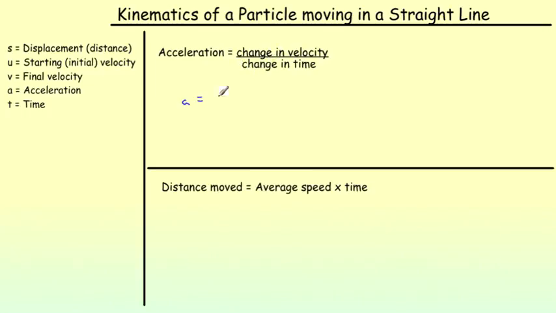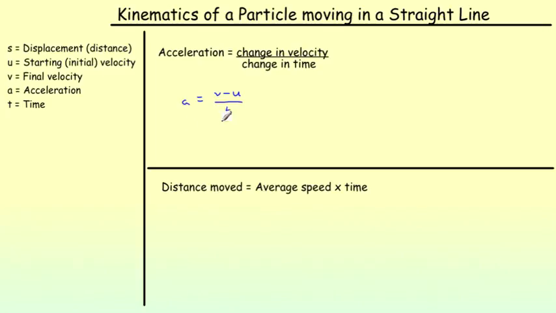Well, the change in velocity would be the final velocity, V, minus the initial velocity, U, and that's going to be divided by the change in time, which will be given the letter T. So we have A is equal to V minus U over T.